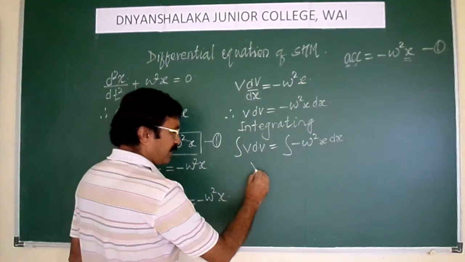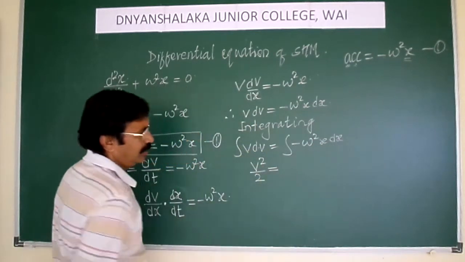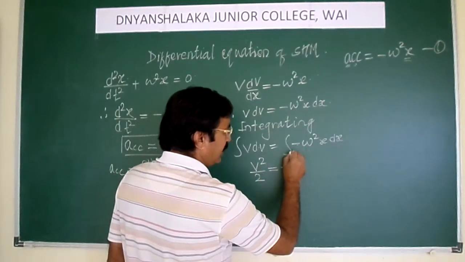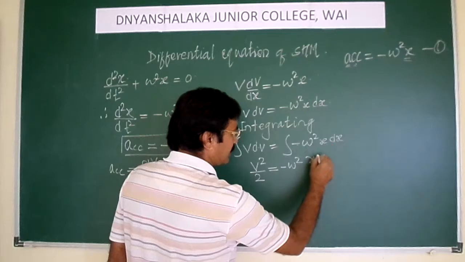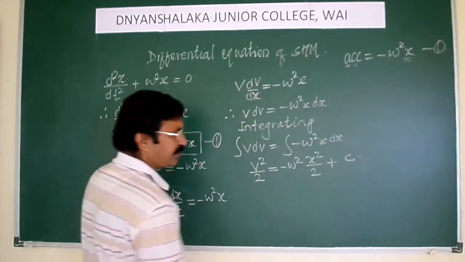Integration of v dv can be expressed as v square upon 2. Minus omega square is the constant term, so integration of x dx can be expressed as x square upon 2 plus, say, constant of integration c.